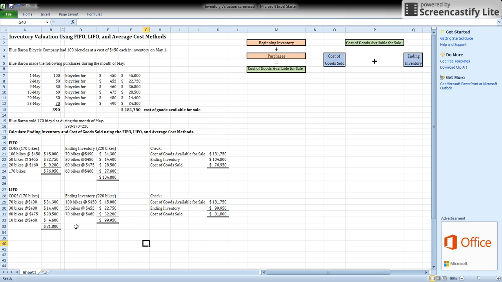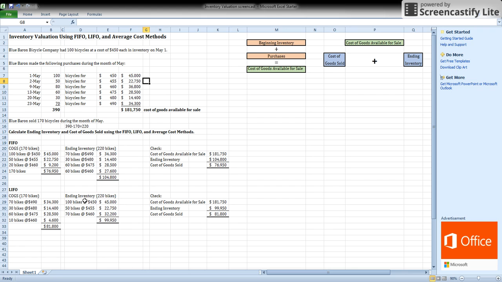Now, if the last things that we purchased are the first things that we sold under LIFO, then the first things that we purchased still remain in ending inventory. So in this case, we have 220 bicycles in ending inventory, and the first 100 would be from our beginning inventory from May 1st, 100 bicycles at $450 a piece. And then the 50 bicycles that we purchased on May 2nd are also still in ending inventory at $455 a piece.